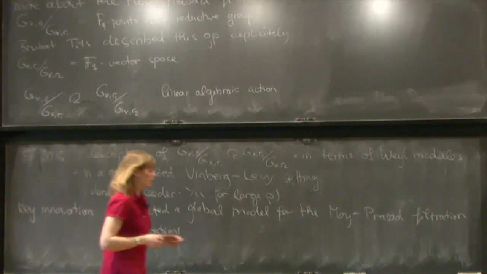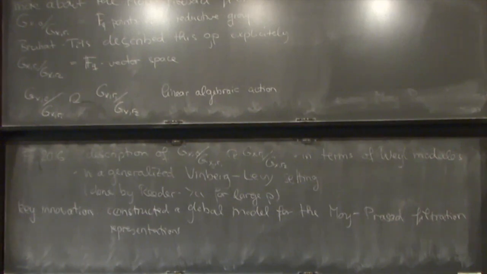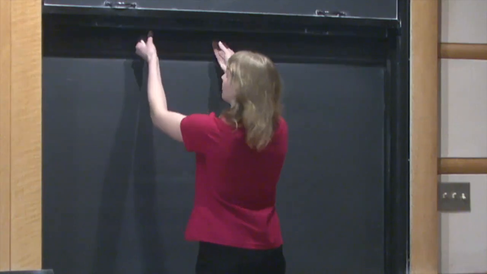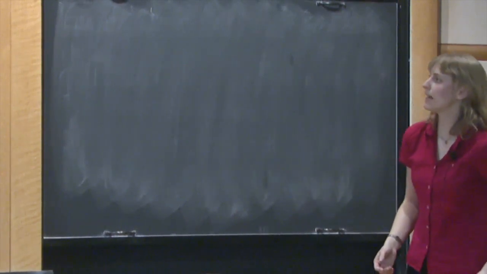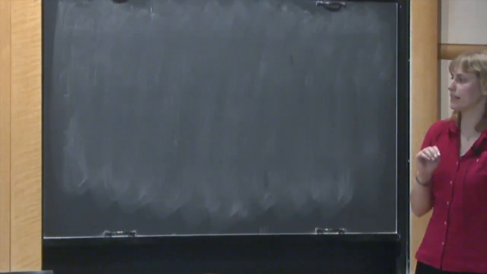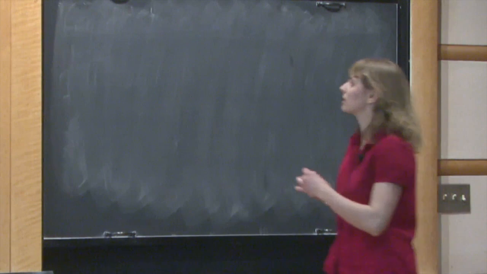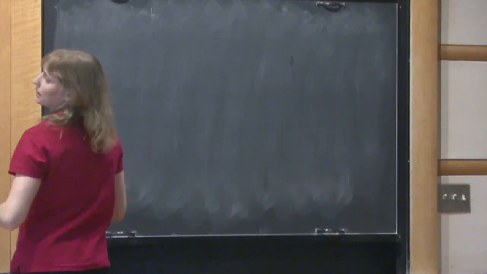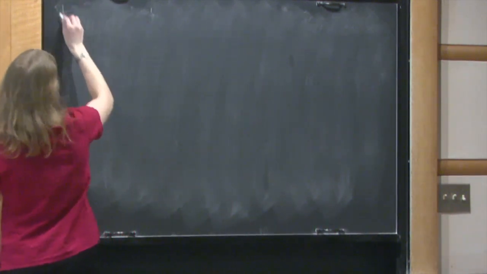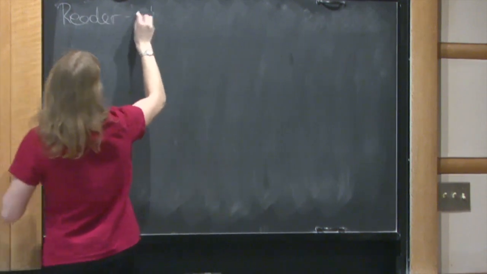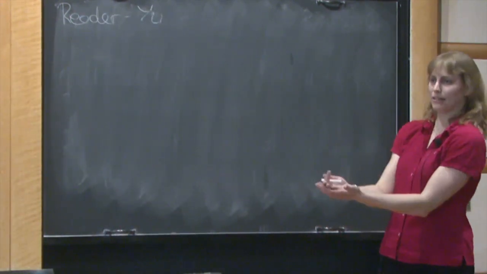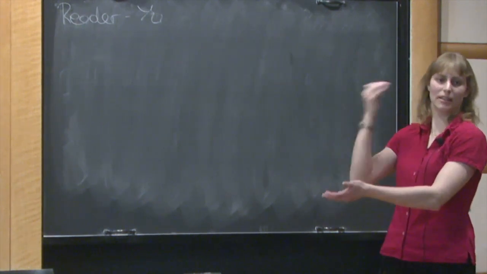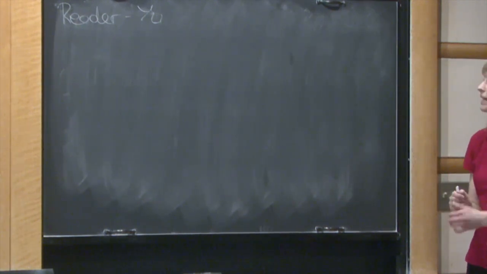All right, so then let me just finish by saying, that means we have a rather good understanding now of the Moy-Prasad filtration, and this helped us to show that. So now what do we actually want to show? Reeder and Yu said we want to have stable vectors in the Moy-Prasad filtration, and then we get our epipelagic representations out of it.